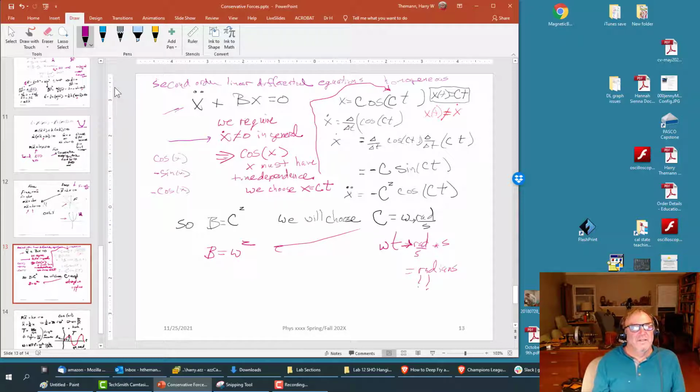So if I plug it into here, you notice that the second derivative is negative cos of x, and then I have cos of x, and then b just equals 1. And notice when I add them together, it equals 0. So this is a very simple, basic second order linear differential equation.